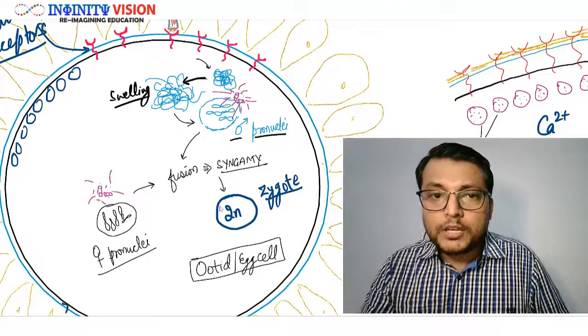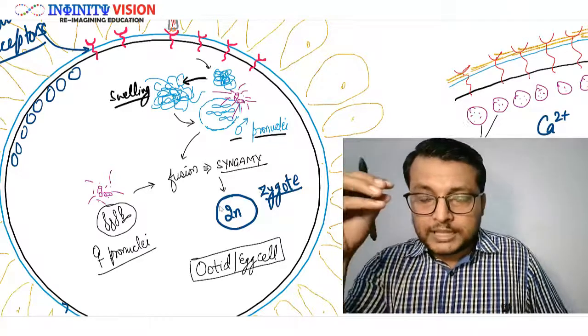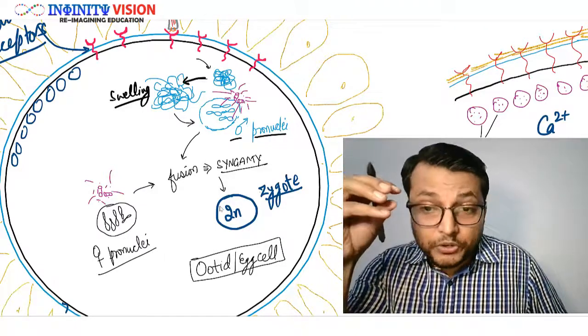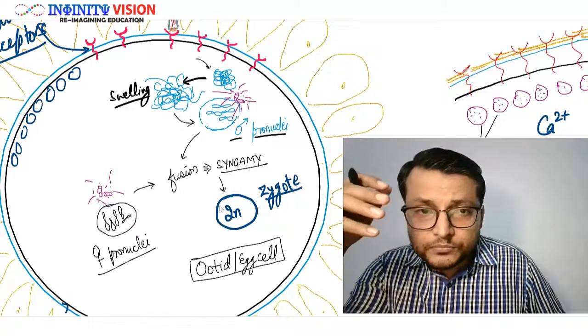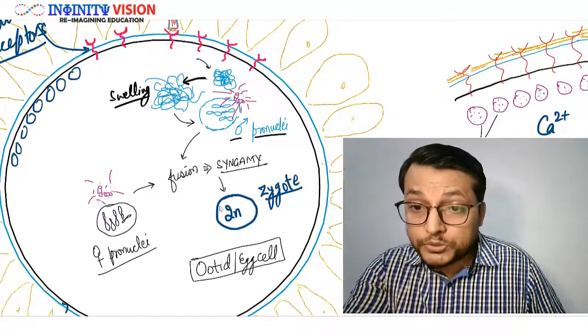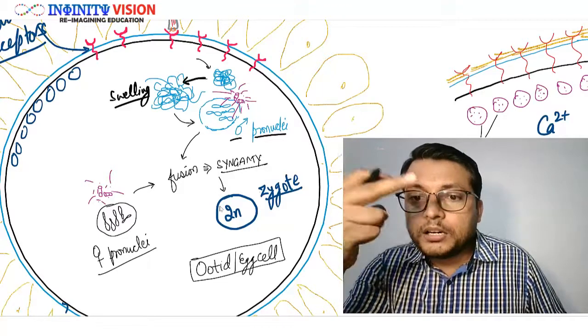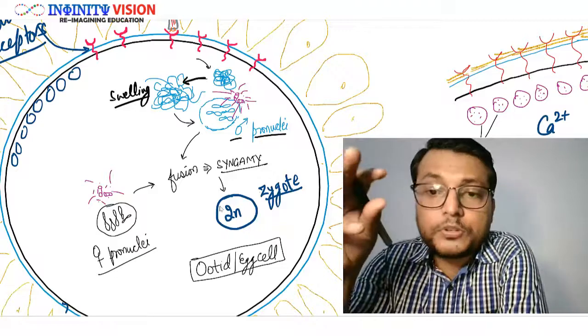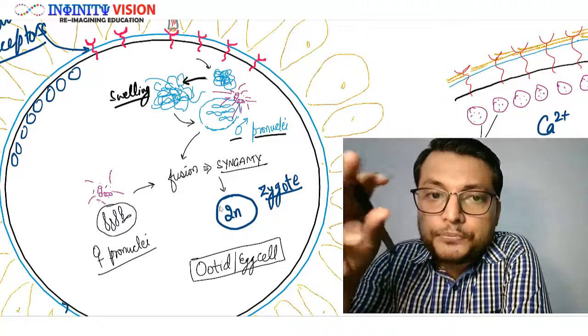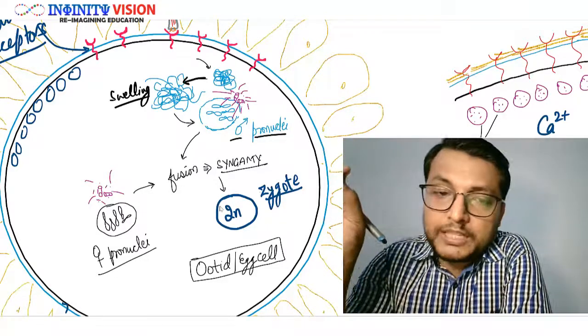So the condensed genetic material from the sperm swells up and finally arranges itself in the form of chromosomes, and a nuclear membrane appears around all these chromosomes of the male gamete, forming male pronuclei.